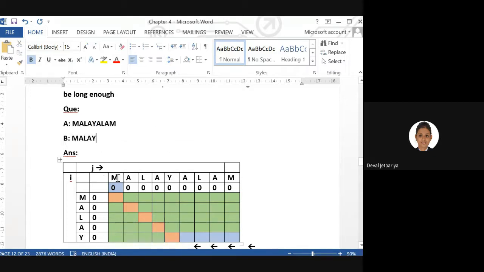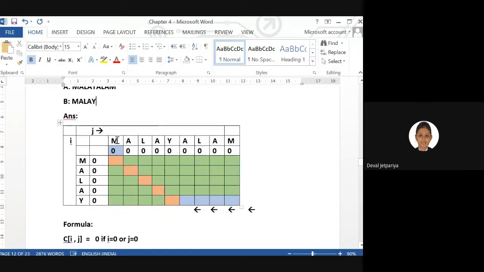One string we write column wise, another string we write row wise. There is no rule that the longer string must be written column wise or row wise. In every case, you will get the same answer, so you can arrange your data as per your convenience.